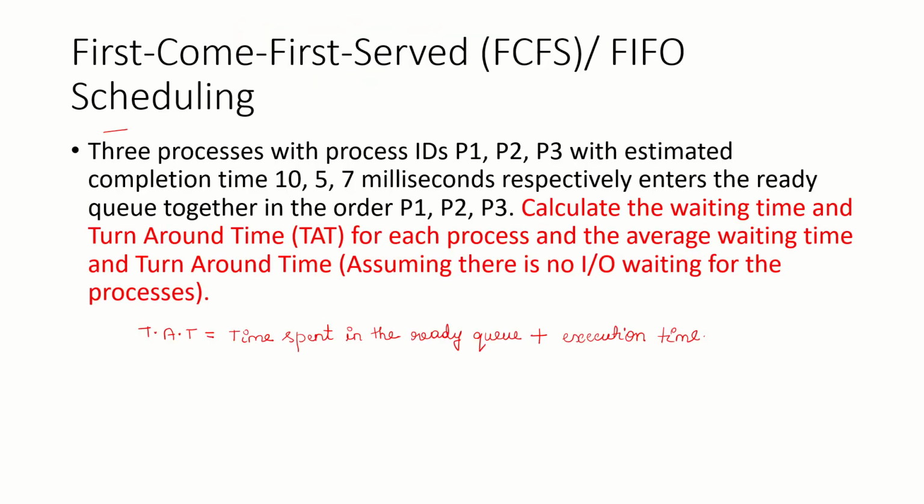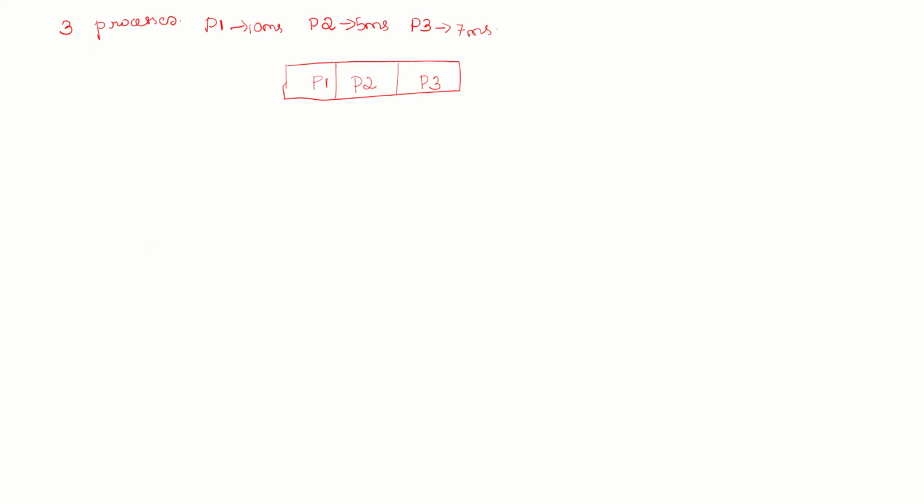They will enter the ready queue together. So we will consider P1 at the beginning. Now, let us consider this rectangular box as my ready queue. If I consider this box as my ready queue, they enter together, so at that time P1, P2, P3 are available.